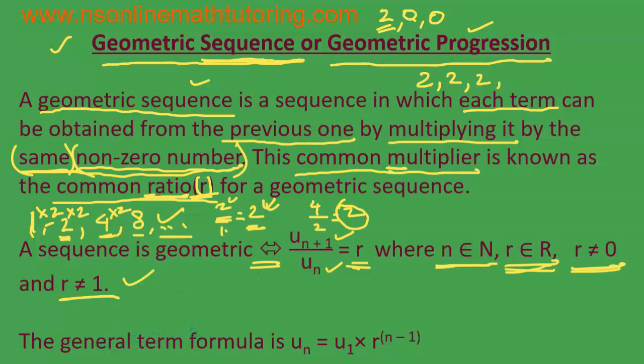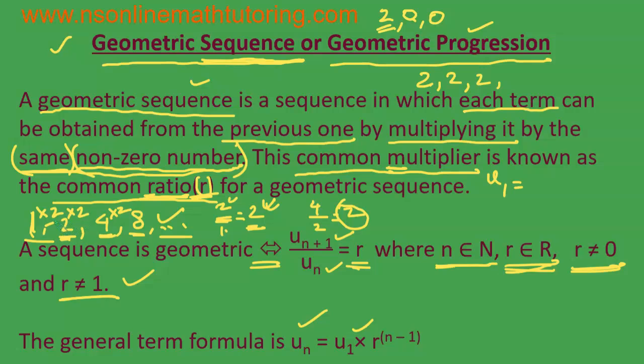Now, we come to the general formula for the nth term of a geometric sequence or a geometric progression. It is u(n) is equal to u1 times r to the power of n minus 1. How are we getting to this formula? Let me take the same sequence 1, 2, 4, 8 and so on. n is the term number. First of all, let me write u1. u1 is equal to 1, right?